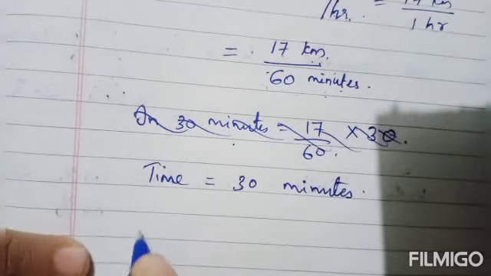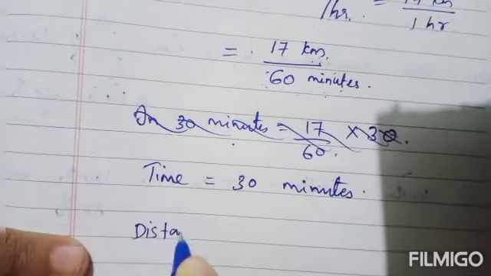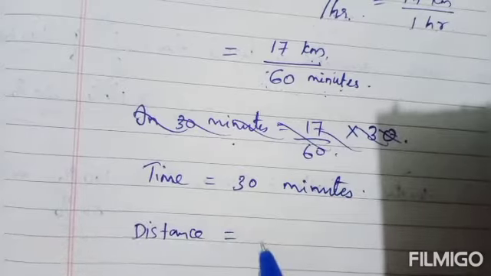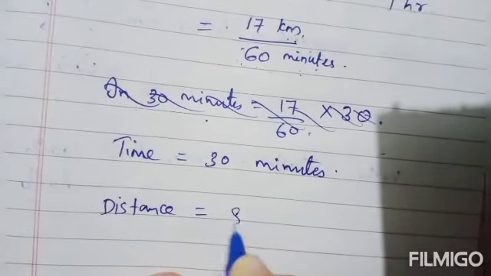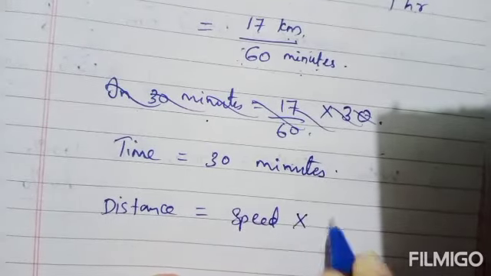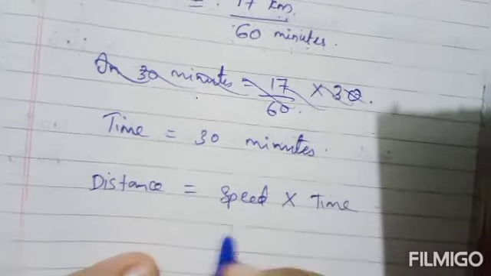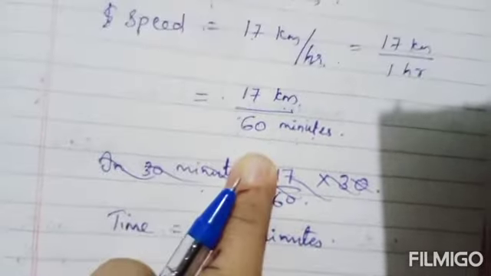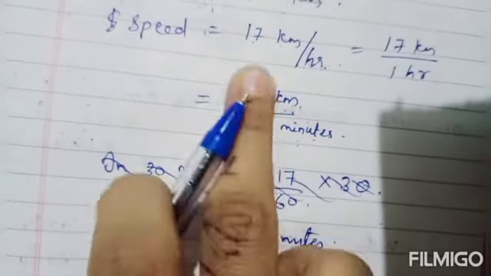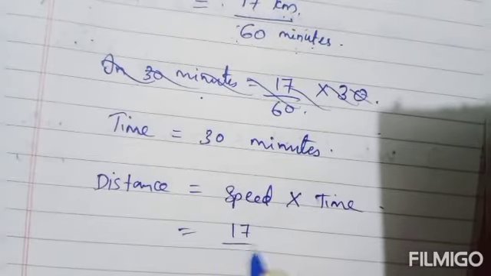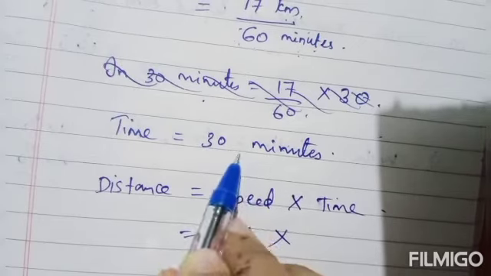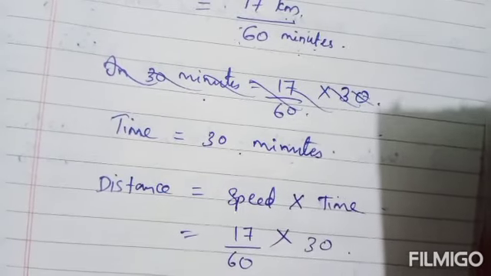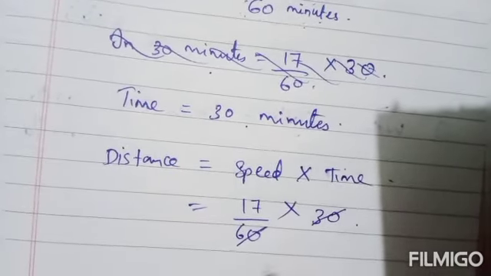So how can you find the distance? How far means distance you need to find. In order to find distance, what is the formula? Speed into time. So what is the speed in minutes? It is 17 by 60 into time, which is 30. So 30 and 60, 30 goes into 60 twice.